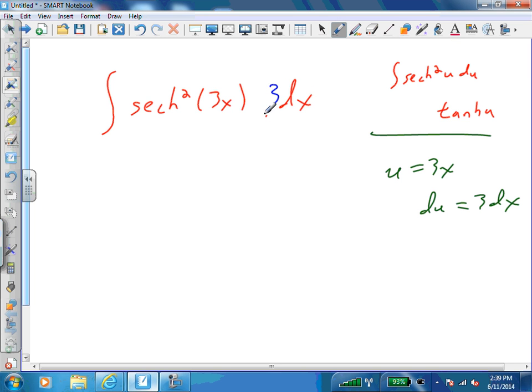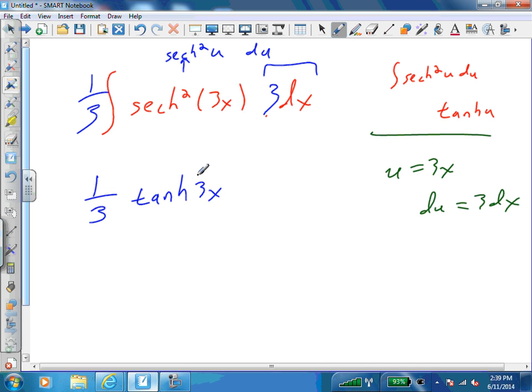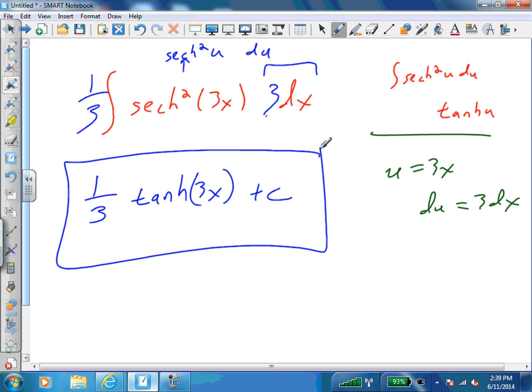We're missing a 3, so I need a 3 and a 1/3. So basically what we have is hyperbolic secant squared u, that's du, into hyperbolic tangent u, where our u is 3x. It's an indefinite integral, so plus c.